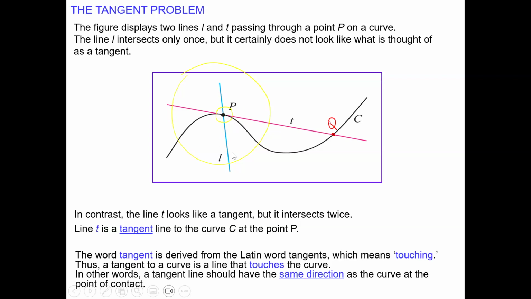Sometimes we even say in calculus class that the slope of the tangent is the same as the slope of the curve at that point, because we cannot distinguish the difference. Tangent line is touching a curve at one point and has the same direction as the curve.